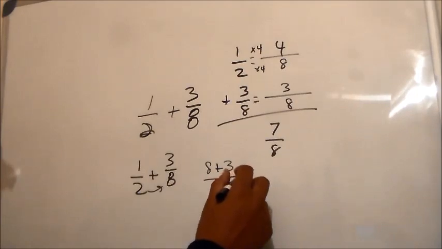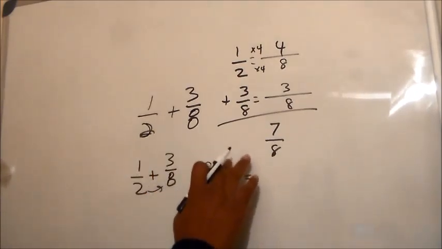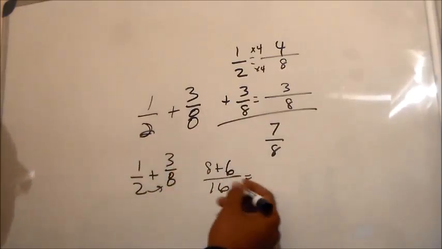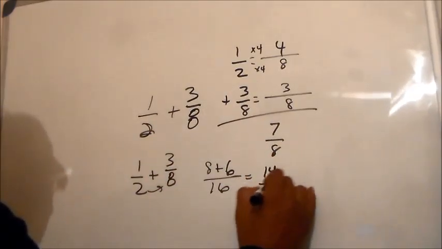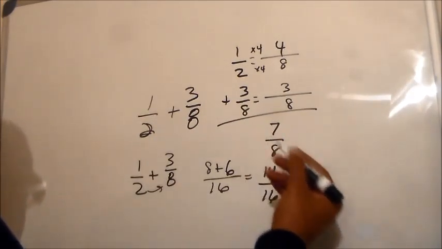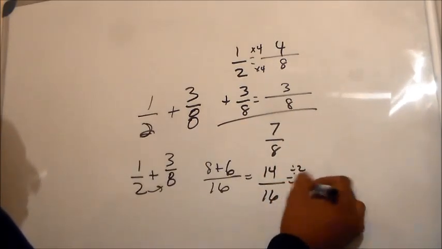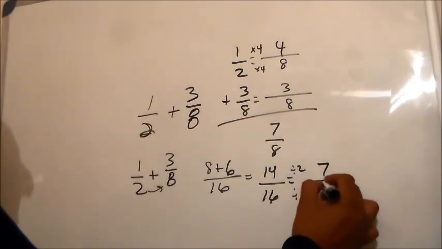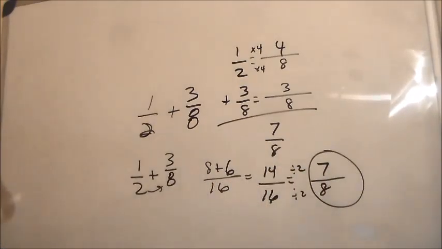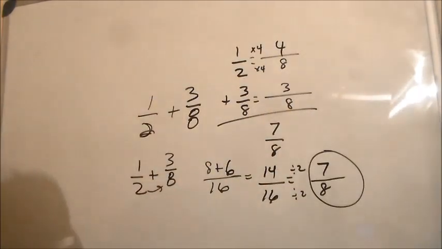I'm sorry, 2 times 3 was 6. My fault. I make mistakes too sometimes, folks. That's why if you haven't done this in a while, you need to get with this video and practice it. Divide by 2, divide by 2. And I do this all the time, and sometimes I make mistakes. 7/8. Okay, so I like my method a little bit better. This one takes up a whole lot more room.